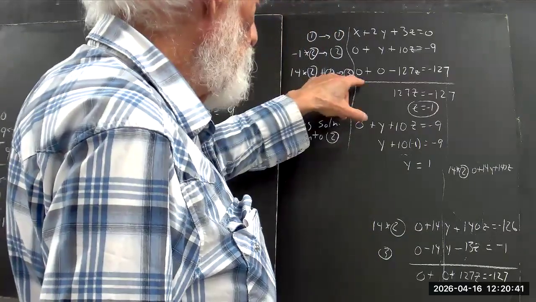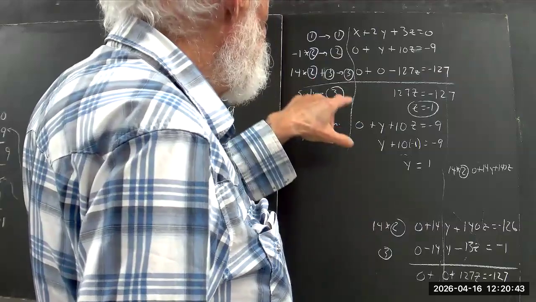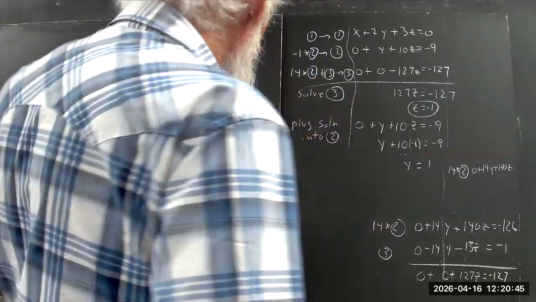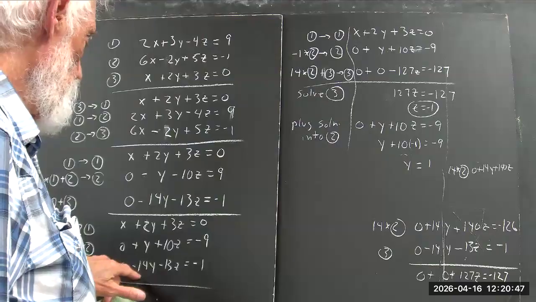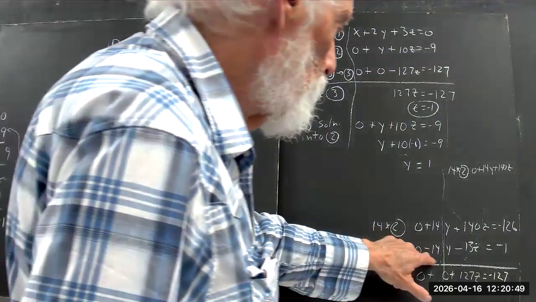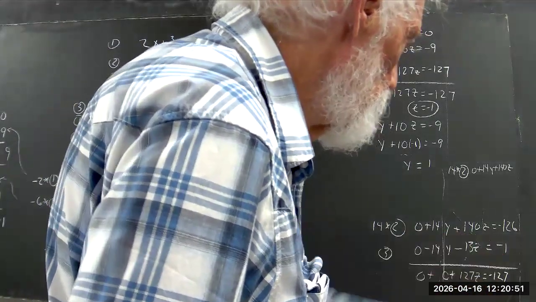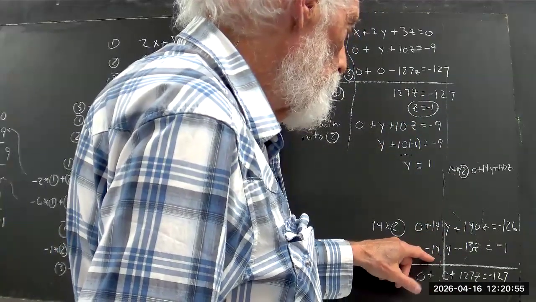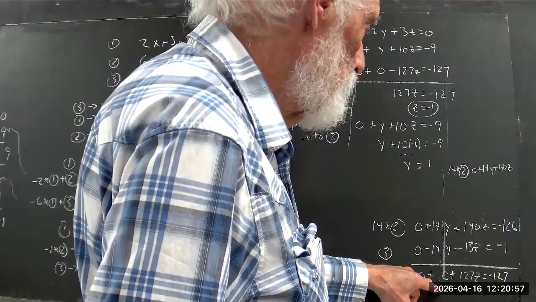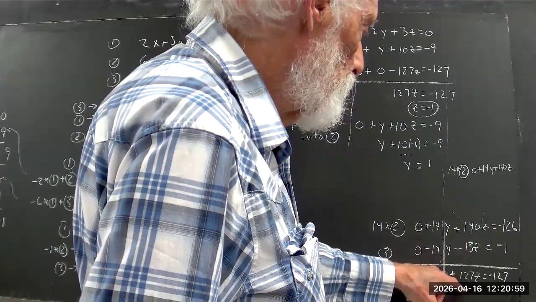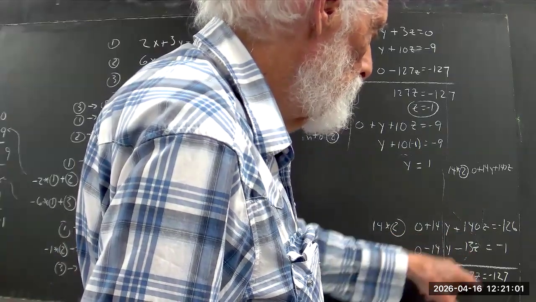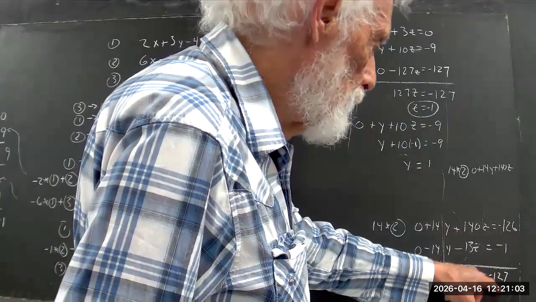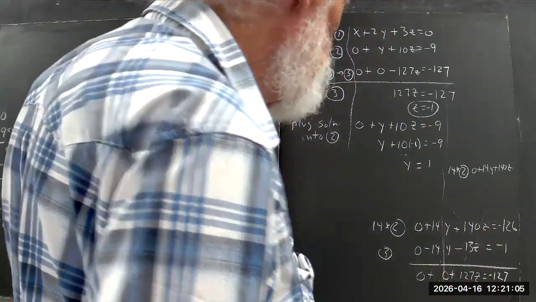And then the third equation, that was the third equation from this step: 0 minus 14y minus 13z equals negative 1. When I add these two equations, the negative 14y and the 14y give us 0. 140z minus 13z gives 127z. Negative 126 and negative 1 give us negative 127.